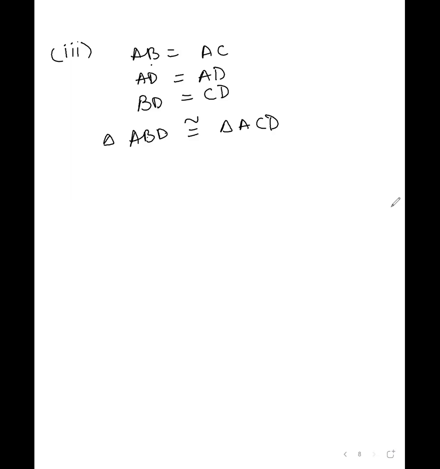Next, the second question. In figure 7.15, AB is equal to AC and D is the midpoint of BC. One sec. This is the figure.